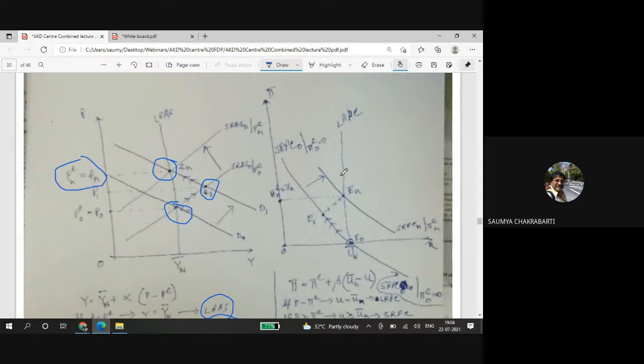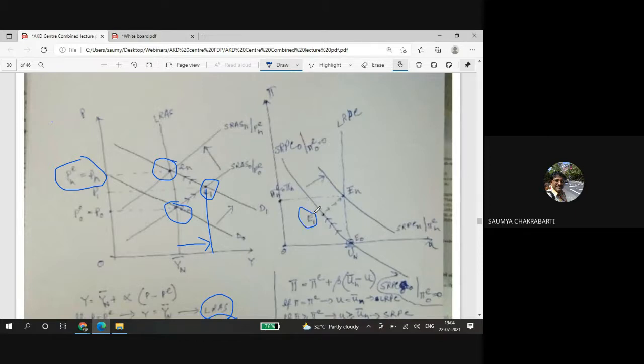For that, you have to come here. But from here, it's clear. In the short run, you are raising output and employment, which means unemployment is falling, but there is a rise in price. So inflation and fall in unemployment. But in the long run, there is only inflation. And you know the Phillips curve. So actually, we are moving from here to here.